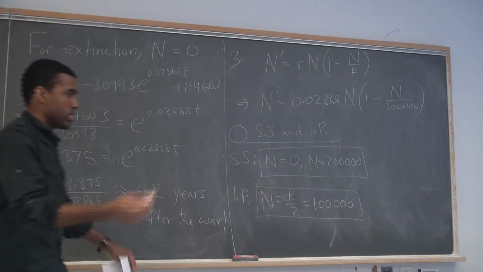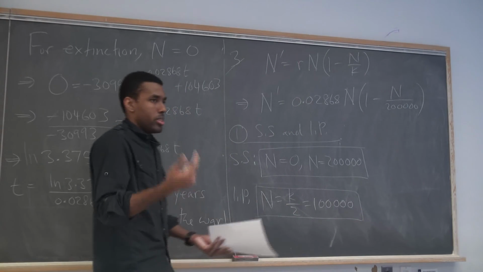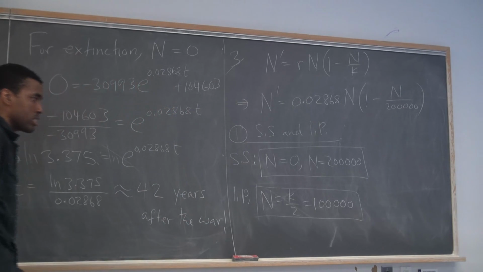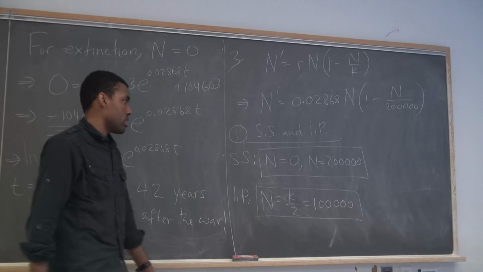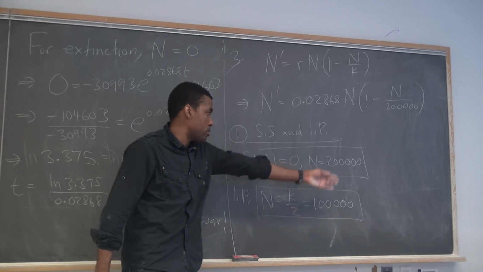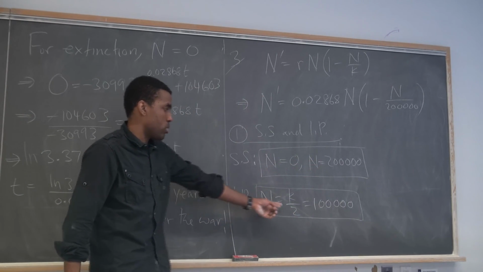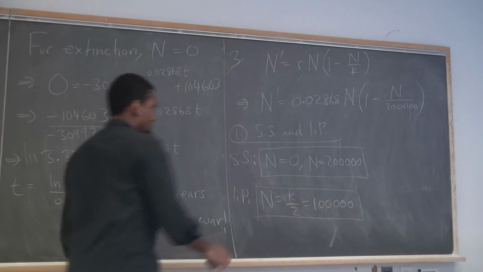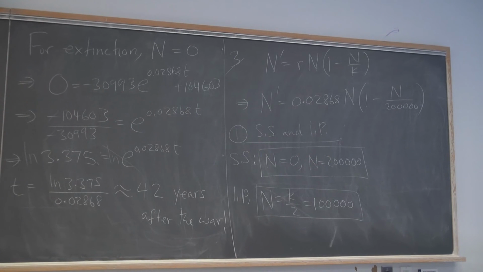And you can go through the calculations, but as I was showing you, it'll all be the same. You really have no choice about how this thing's going to work out. Right? So for a logistic model, the steady states are always 0 and the carrying capacity, and the inflection point is always half the carrying capacity. Once your R and your K are positive, which in this case they are, that's what's going to happen.